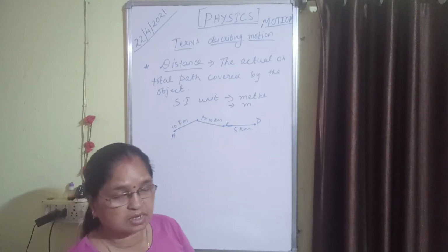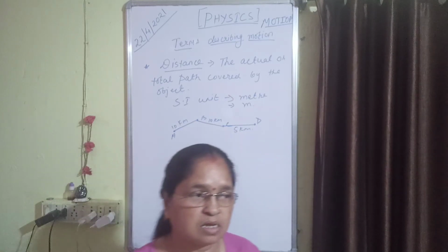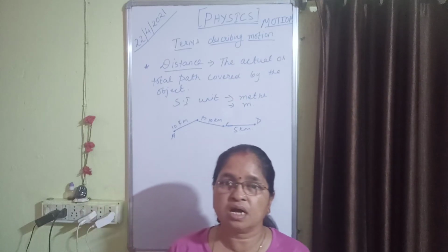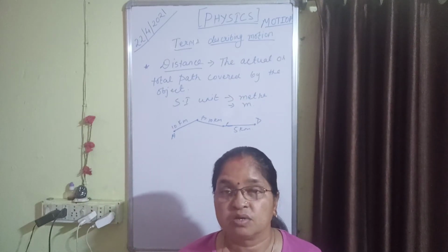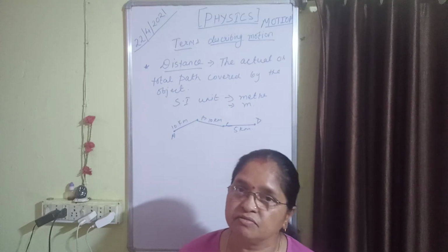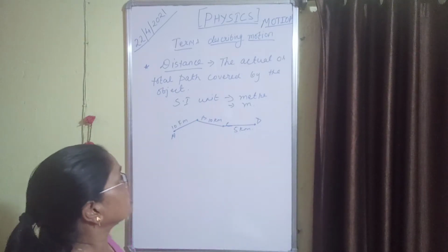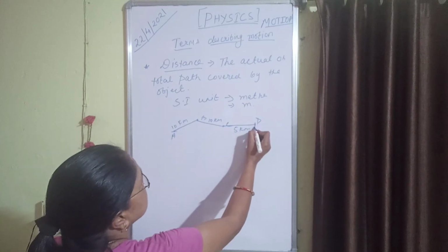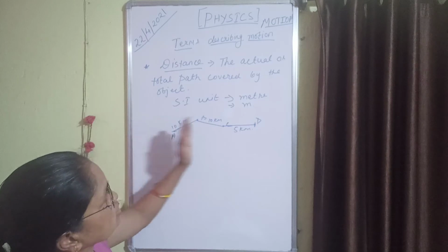So students, whenever we are discussing distance or displacement, हमेशा आप ये याद रखेंगे कि we have to be careful with initial position and final position. So यहाँ initial position is A and your final position is D. So from A to D.